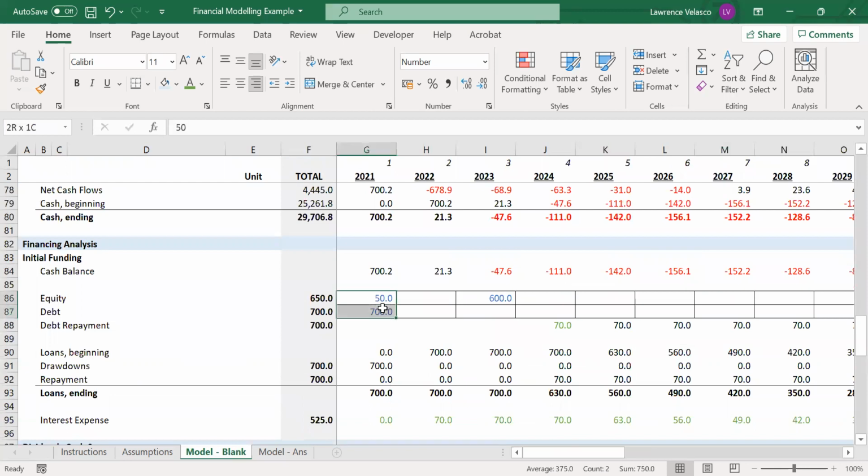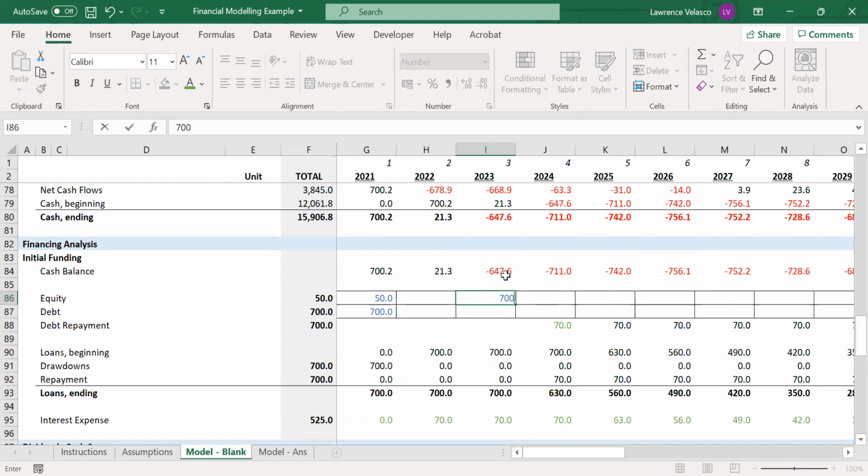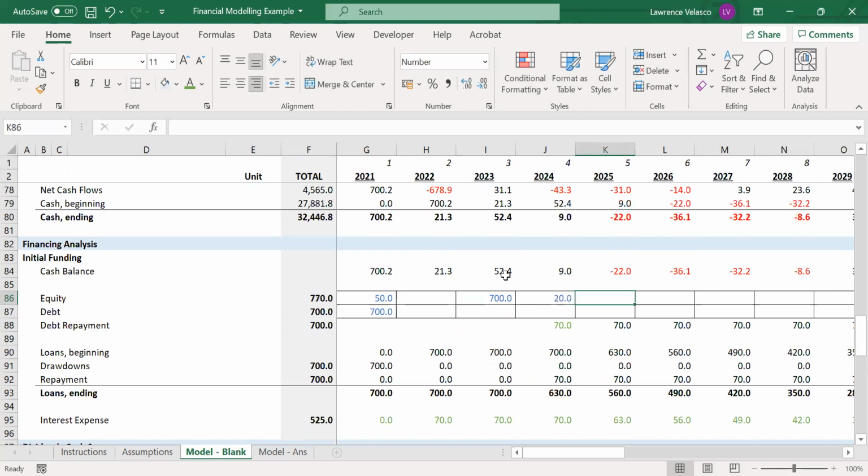And now I can do a proper analysis. Okay. So here, kung inutang ko na ng buo, 700, 647 negative. So kailangan ko siguro mag-infuse ng 700 million as equity. Kaso kulang pa rin. Mag-infuse kaya ako ng 20 million. Tapos dito, 30 million.